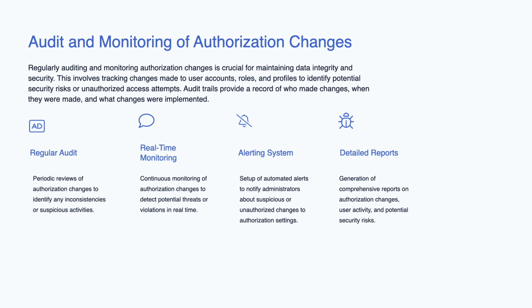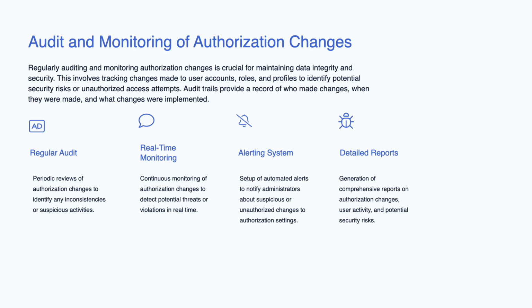To keep track of unauthorized access, we need audit and monitoring of authorization changes. Regular audits and monitoring of authorization changes are vital for maintaining data integrity. This involves tracking changes to user accounts, roles, and profiles to identify potential security risks or unauthorized access attempts.